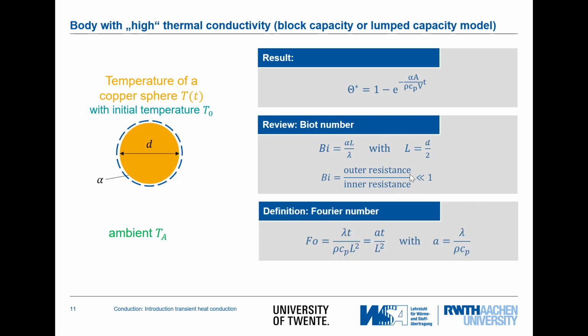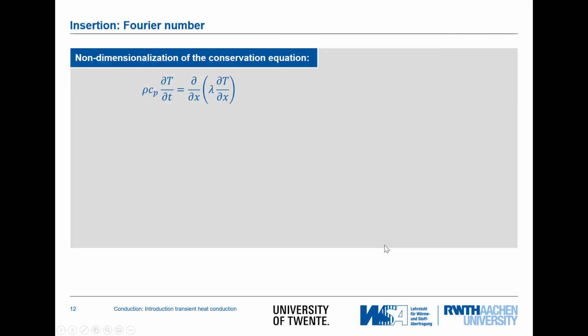The other relevant dimensionless number is the Fourier number. It is the thermal diffusivity times the time divided by the length squared.